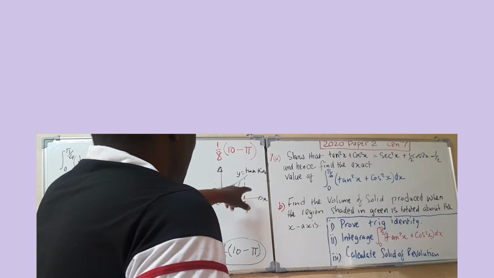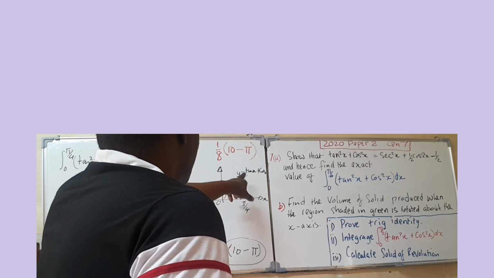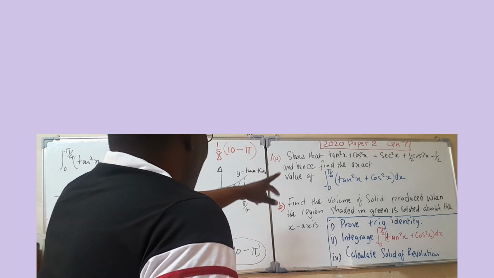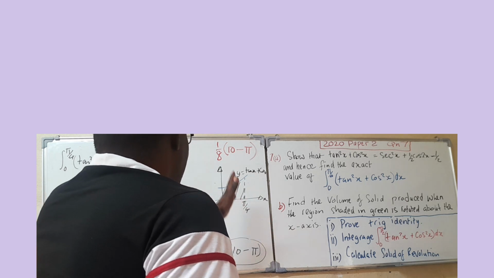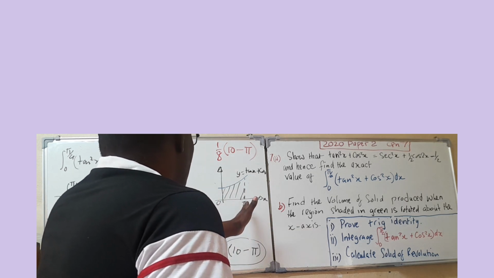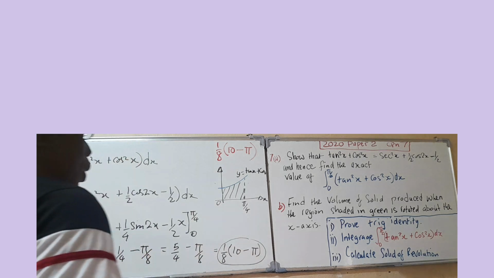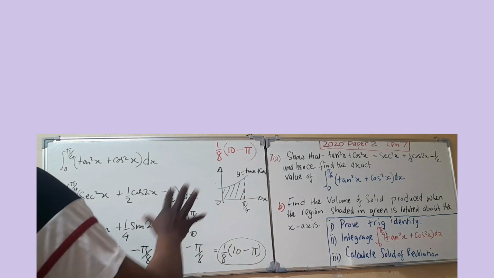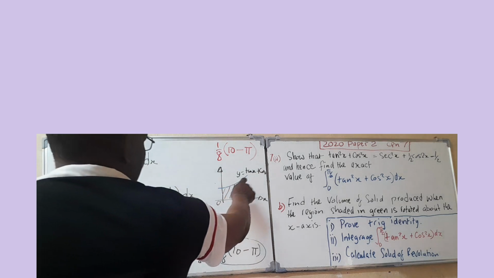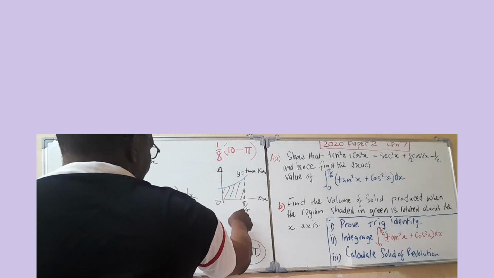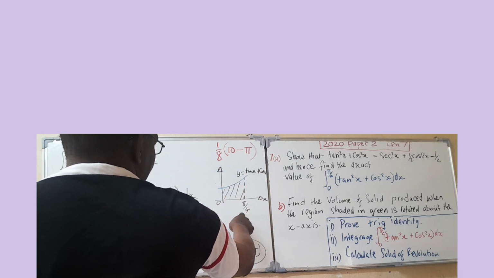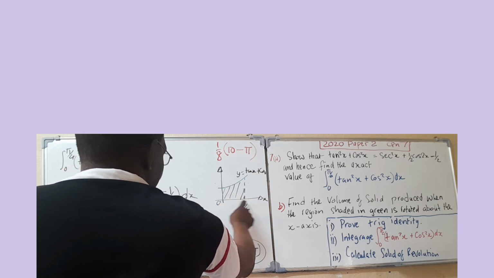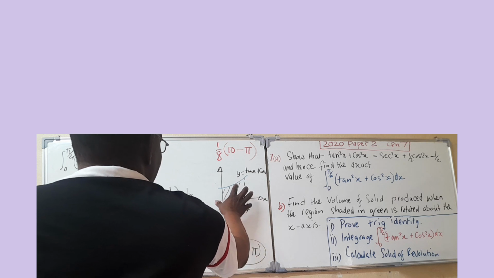So the question was actually saying the region bounded by y is equal to tan of x plus cos of x, the y-axis, the x-axis, and the line x is equal to pi over 4, and so forth. But I just summarized it and put it in this form. You have got this graph here, and the line x is equal to pi over 4, and the line x is equal to 0, which is the y-axis, and the x-axis bounding the region.